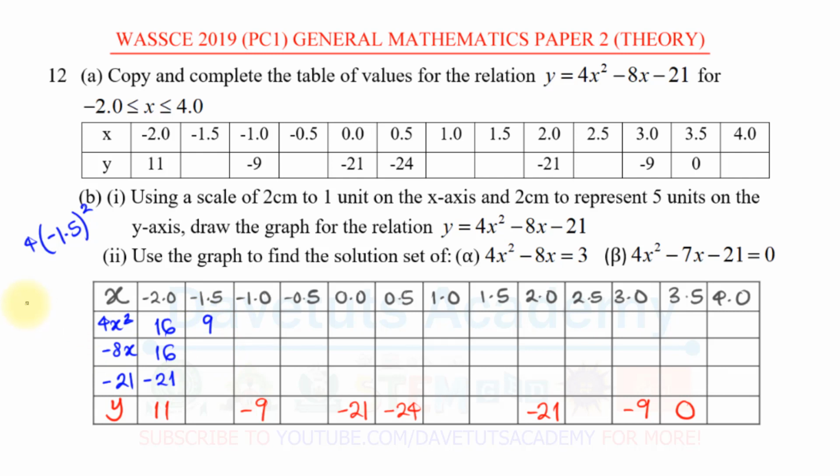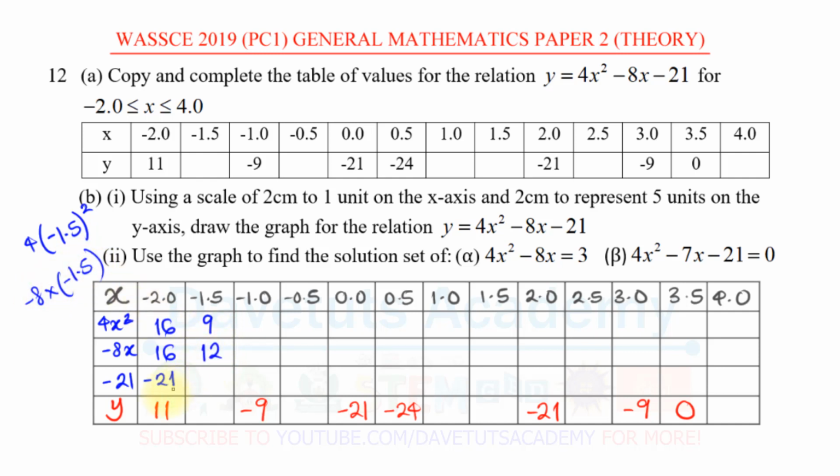Then minus 8 times minus 1.5. Now this is the same as minus 8 times minus 3 over 2, because 1.5 is 3 over 2. So the negative signs will multiply each other to become plus. 8 times 3 over 2 will be 4 times 3, and that will be 12.